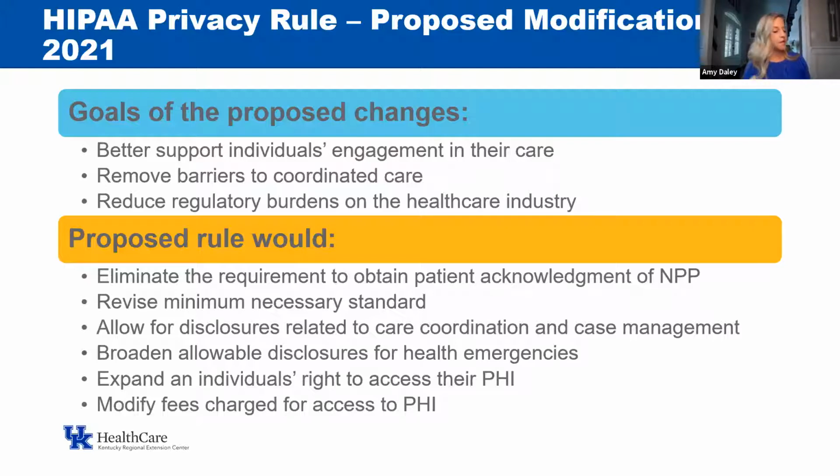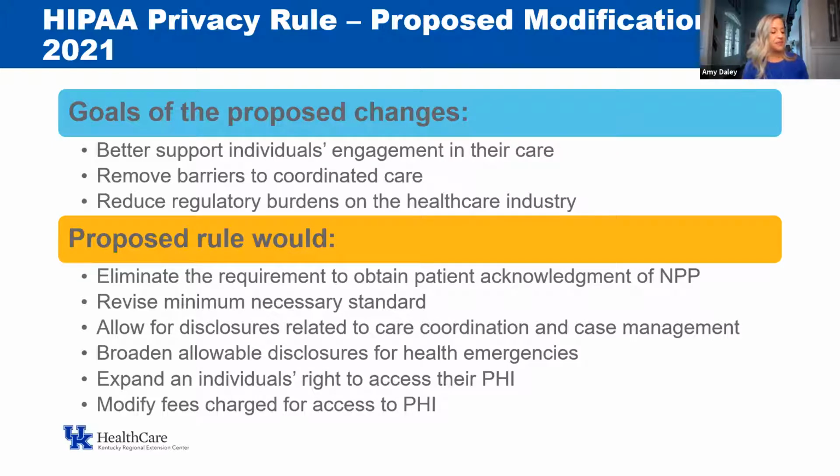The rule would also revise the minimum necessary standard, and we throw that term minimum necessary around a lot in our world. It would revise that standard by allowing for disclosures related to care coordination and case management, relieving covered entities of that minimum necessary requirement.